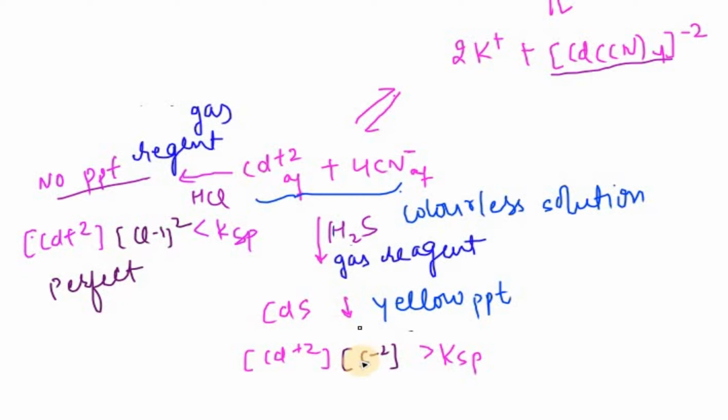But when we pass H2S gas, we get a yellow precipitate of CdS. When we get the yellow precipitate of CdS, it means we have detected cadmium. That's how we call it imperfect with respect to H2S.